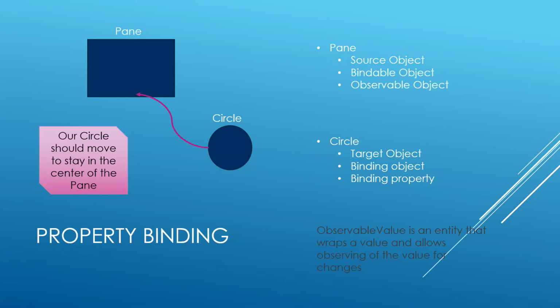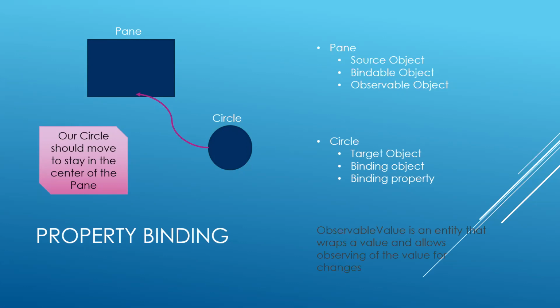So if we implement property binding in this kind of situation, we would be using an observable value. And an observable value is an entity that kind of wraps itself around a value and watches for changes. So in that situation, our pane would be our source object.